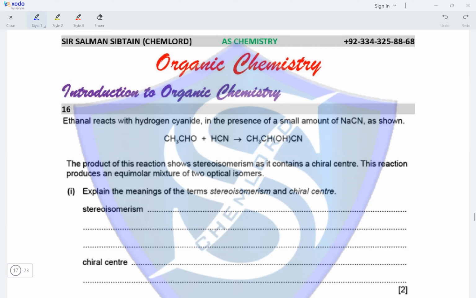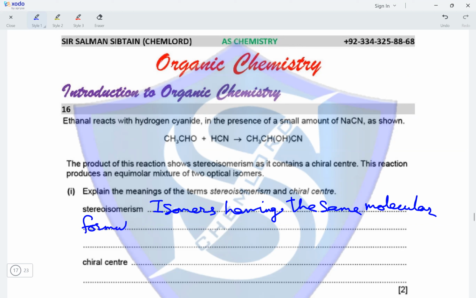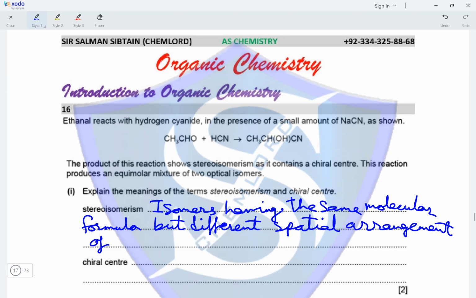So stereoisomerism means compound or isomers having the same molecular formula but different spatial arrangement of atoms.